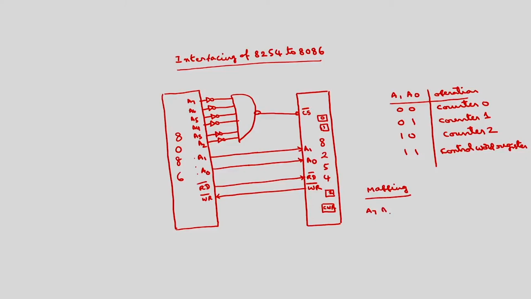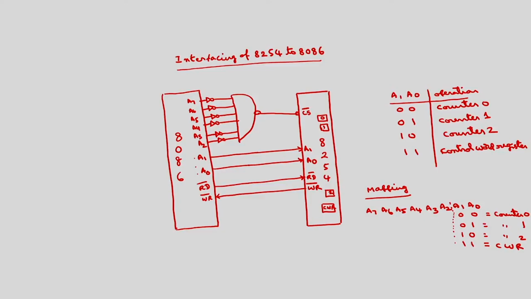A7, A6, A5, A4, A3, A2, A1, A0. These two pins will be connected to A1 A0 of the corresponding microprocessor pins. 00 means this will select counter 0, 01 means counter 1, 10 means counter 2, 11 means control word register.